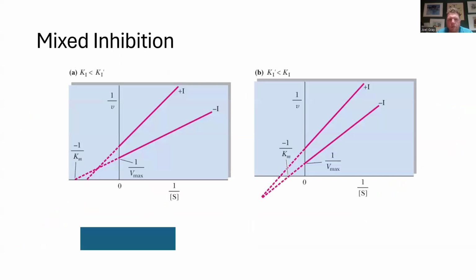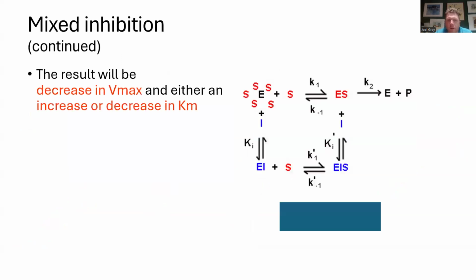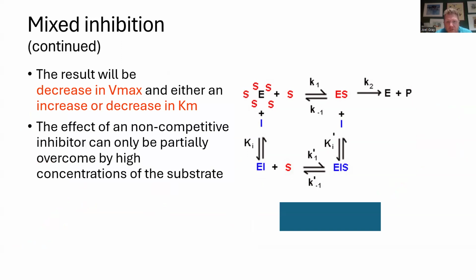Here are the different models, like I was saying, of different types of inhibition. Here's mixed. The result with a mixed inhibitor is typically a decrease in Vmax and either an increase or decrease in Km. Like I said, it changes. The effect of a non-competitive inhibitor can only partially be overcome by high concentrations of the substrate.